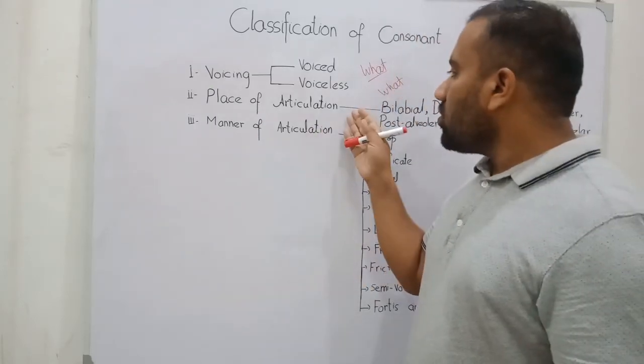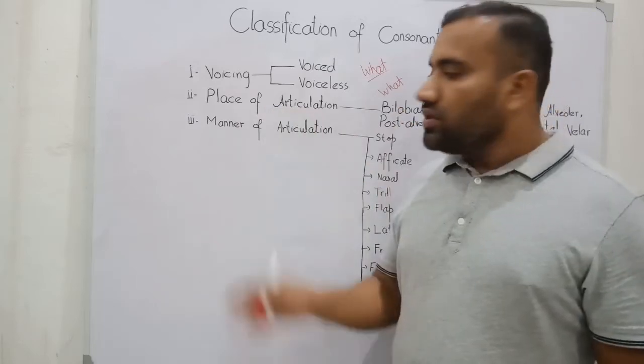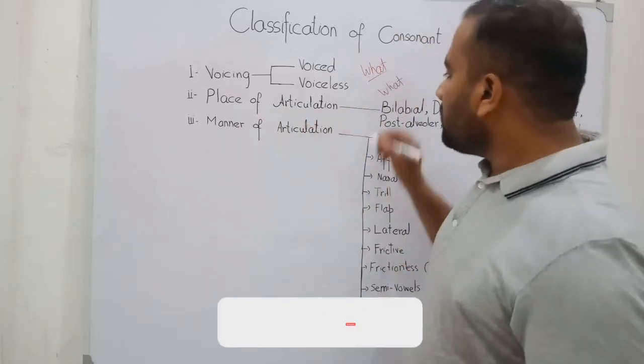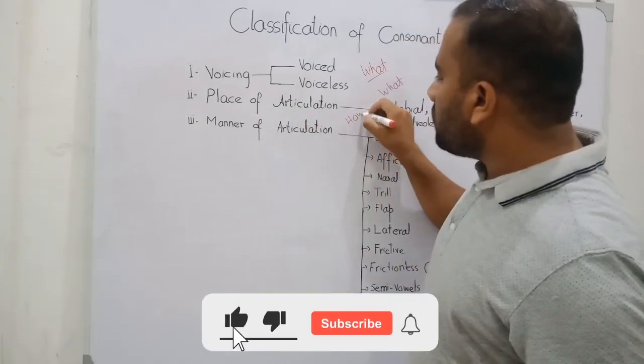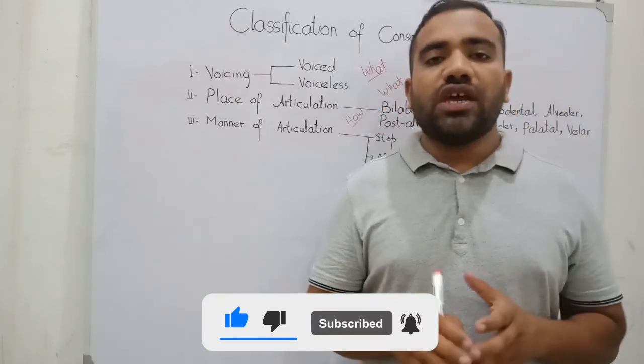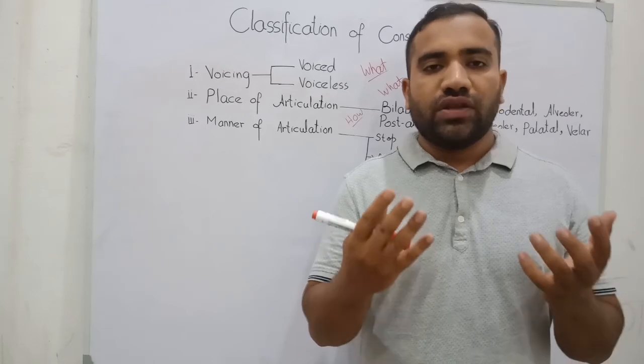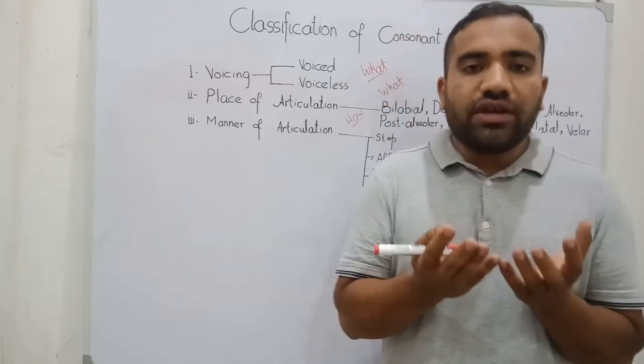This is the second point, the place of articulation. The third one is the question of how we produce the sound. If we say how, we have to tell the manner.